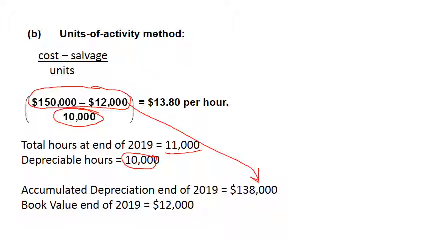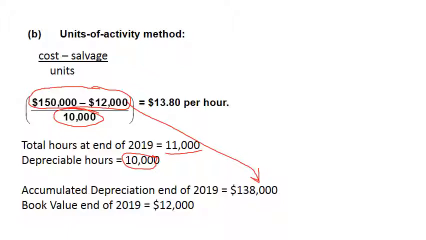How much the depreciation expense in 2019 would be depends on what the accumulated depreciation was at the end of 2018. So if I don't tell you that, there's no way for you to figure it out. I would have to say the cumulative units at the end of 2018 was this.